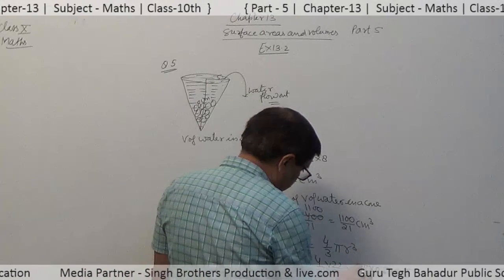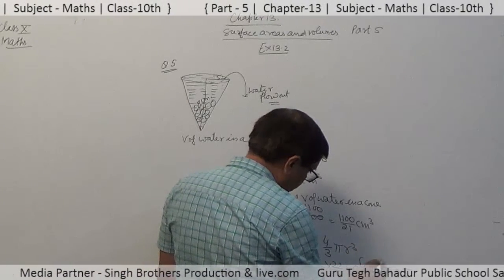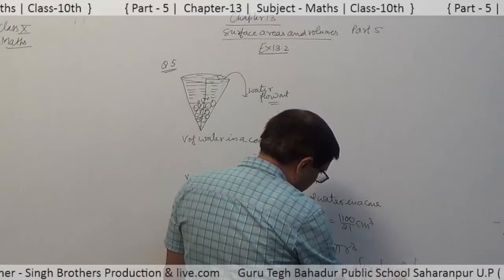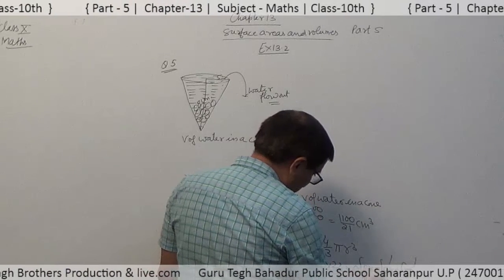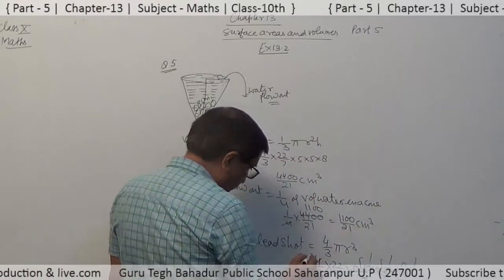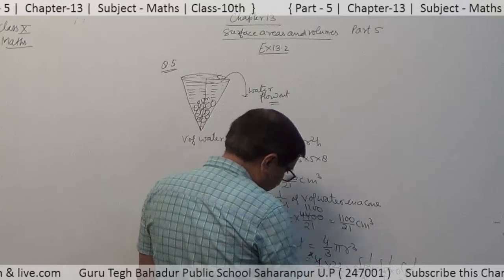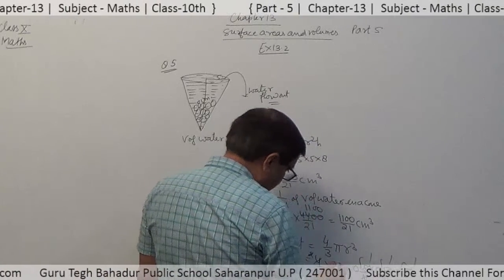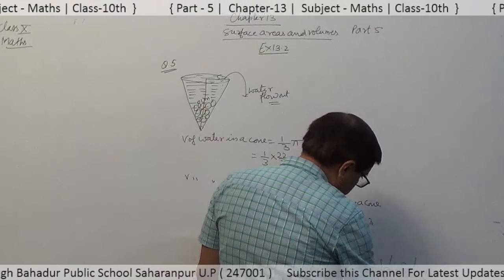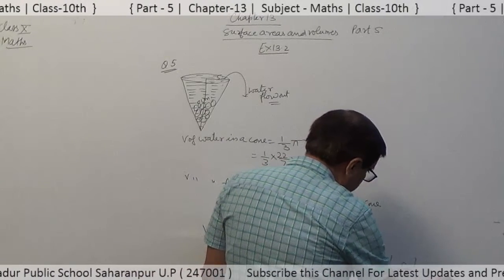Remove the decimal and put 10s. 5 ones are 5, 5 twos are 10, 2 and 2 cancel, 2 elevens are 22. So it becomes 11/21 centimeter cube.